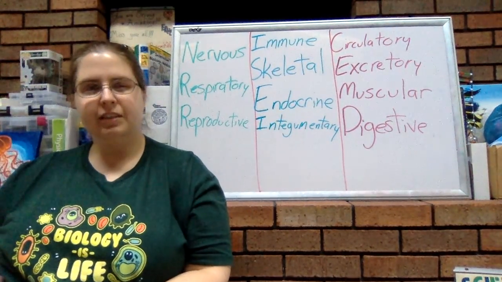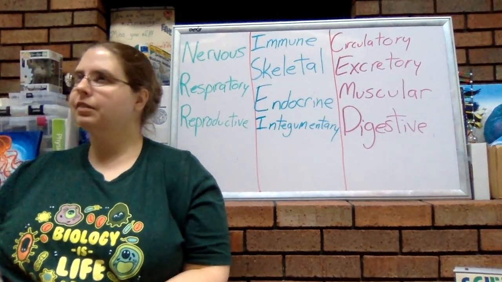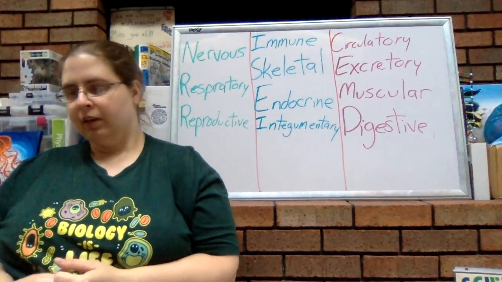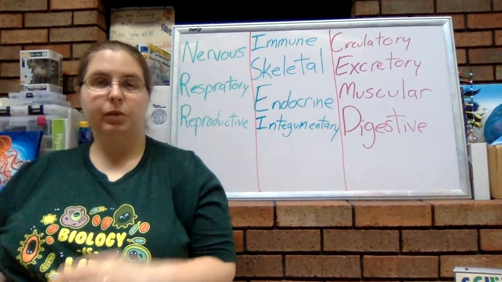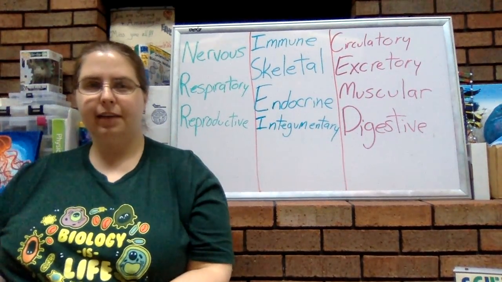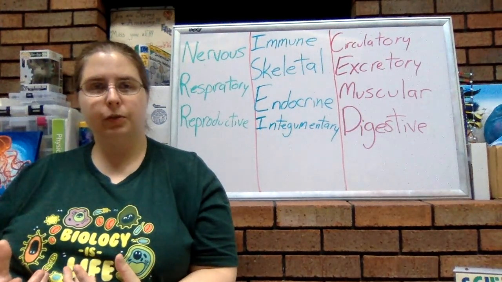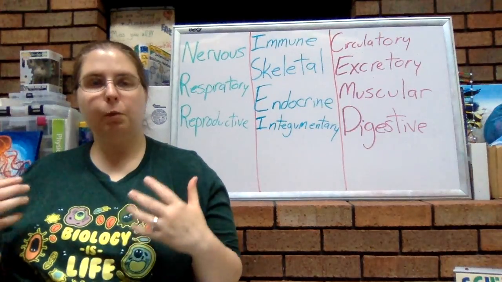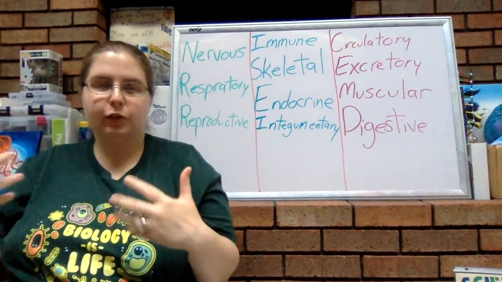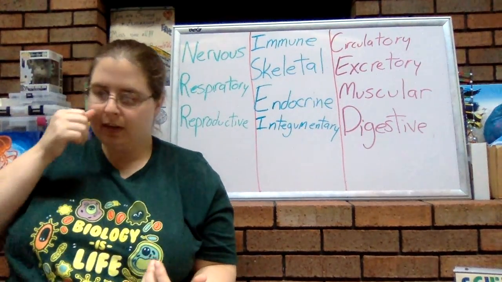The reproductive system is kind of a little bit different. Now, we all need a functional reproductive system to some degree. What I mean by that is the hormones that are produced by the ovaries and the testes do help us to grow and develop. So they do help us to function normally.